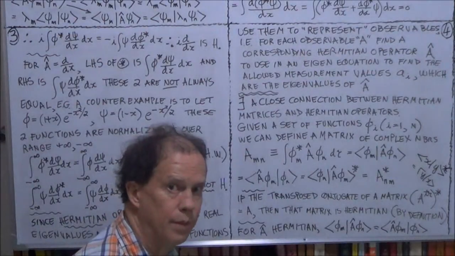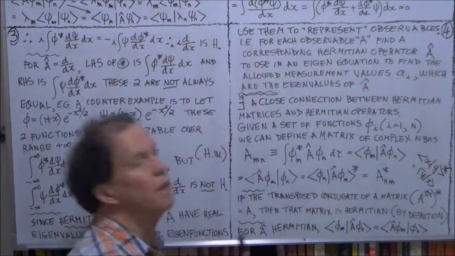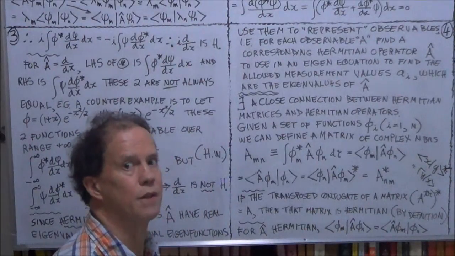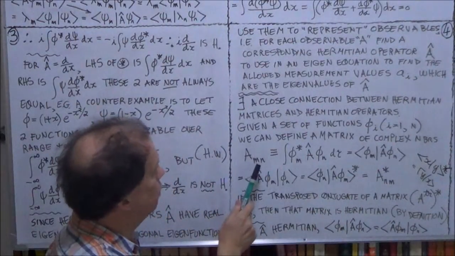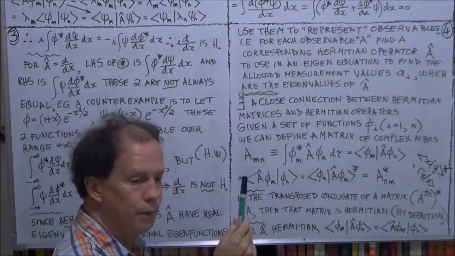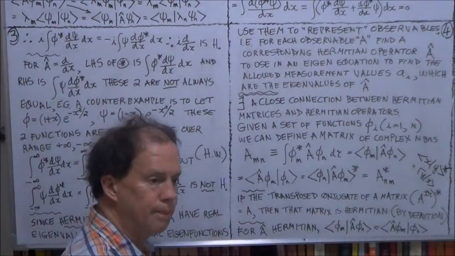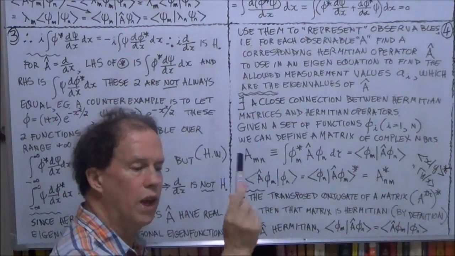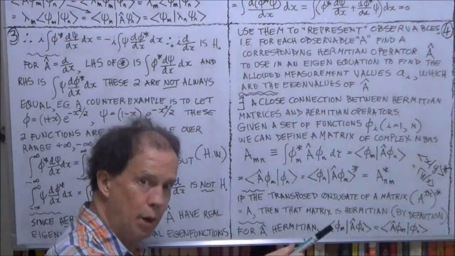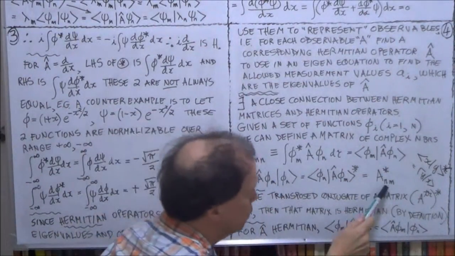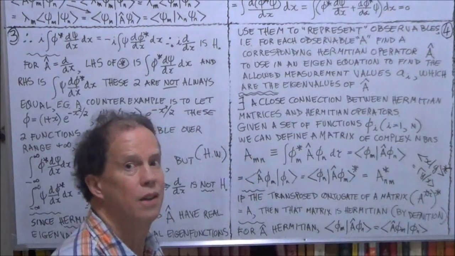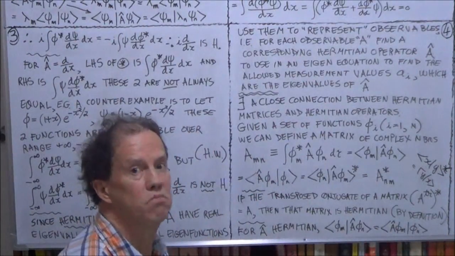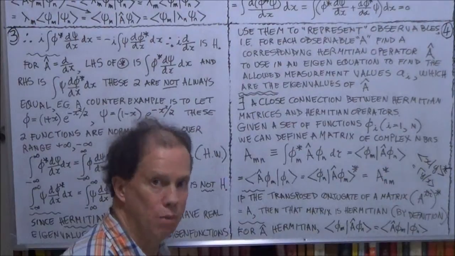In words, if your matrix, when transposed and conjugated, equals the original, that matrix is Hermitian.